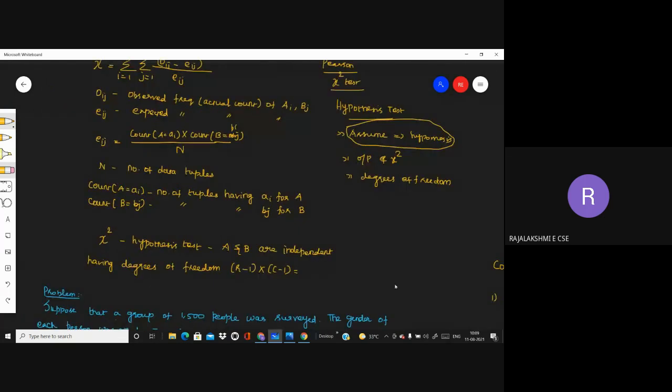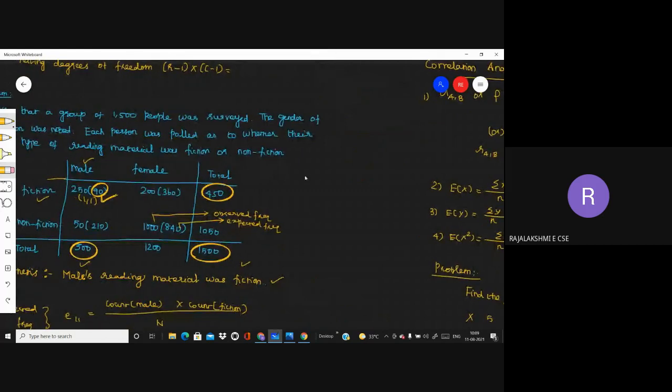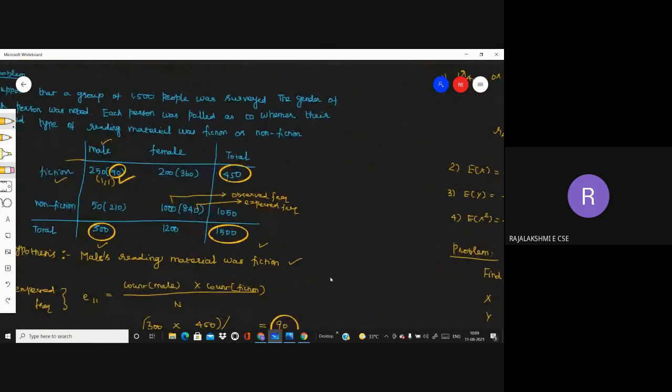When we are provided with some categorical value, this formula will be used. The categorical na kuda, I'm just taking the count of each, how many males are studying fiction books, how many females are studying fiction books அப்படின்னு அந்த கவுண்ட் தான் எடுத்துட்டு, I'm just applying this correlation analysis, chi-square test apply பண்றோம்.